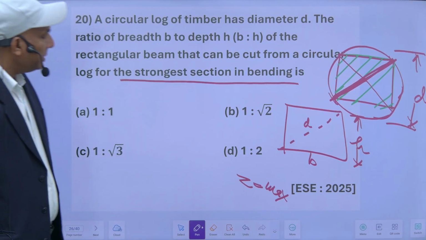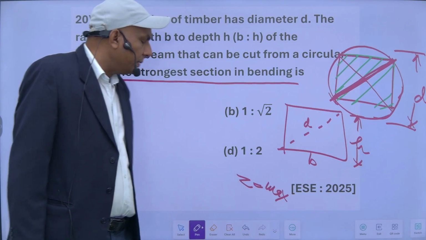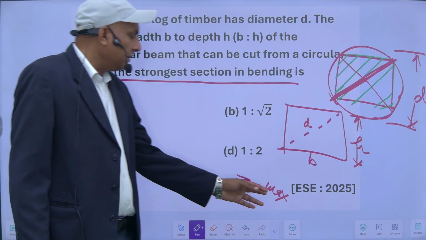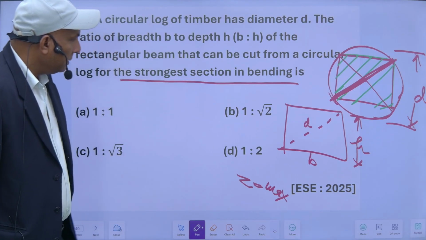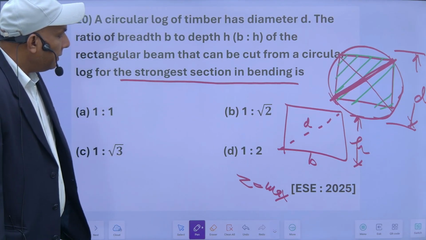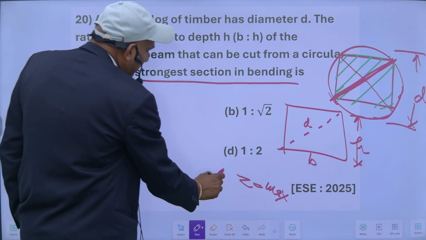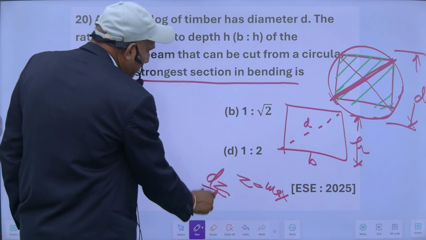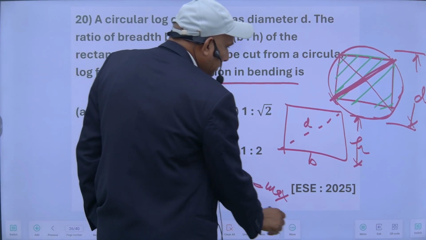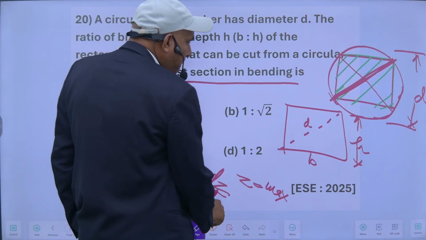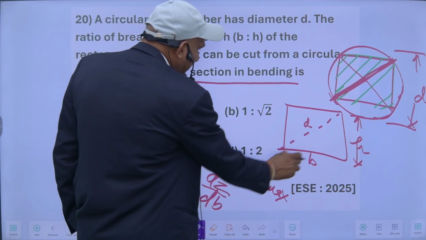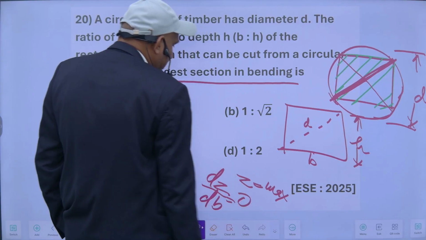For strongest section in bending, my section modulus should be maximum, z should be maximum. So it means the derivative of section modulus with respect to its width b should be equal to 0.